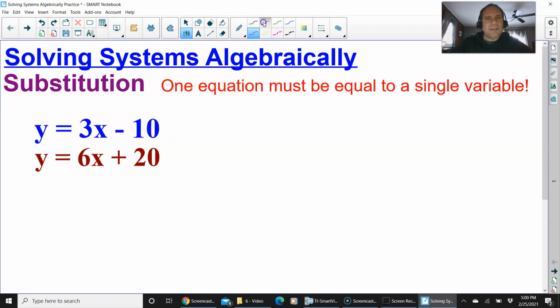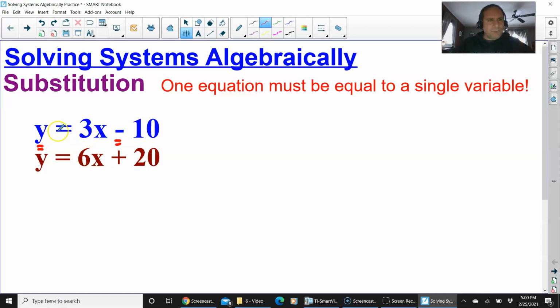In other words, if y is equal to y, I could put a little equal sign in between there. That means 3x must be equal to 6x plus 20. And that'll help you see exactly what to do to set up this new equation.